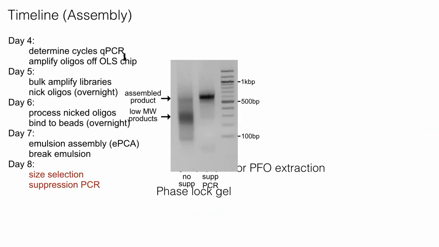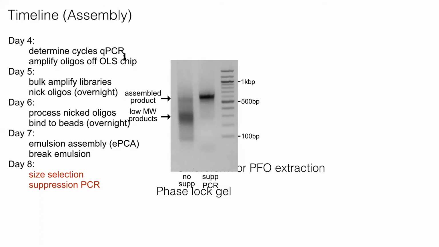Finally, what I want to mention is that once you break your emulsion, you need to do a size selection step. After you recover your initial assembled library, you may or may not see anything on the gel. You may see a product there, or you may have to do a completely blind extraction, which is a bit intimidating the first time you do it.